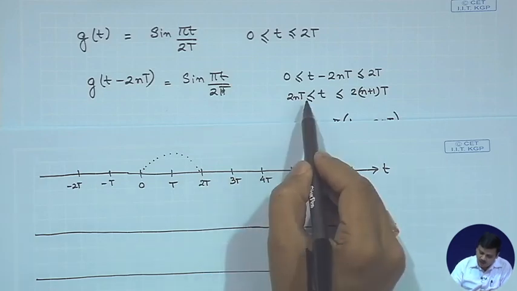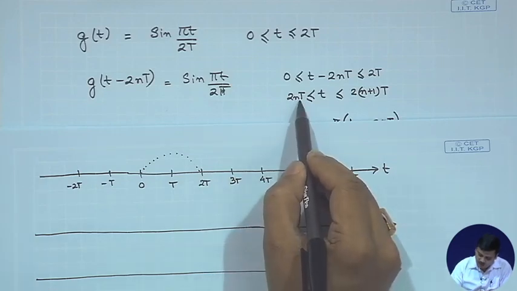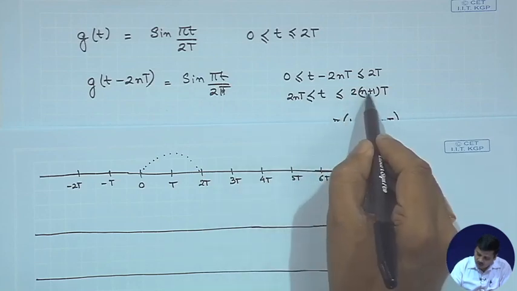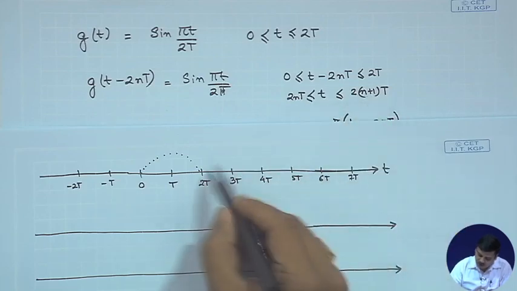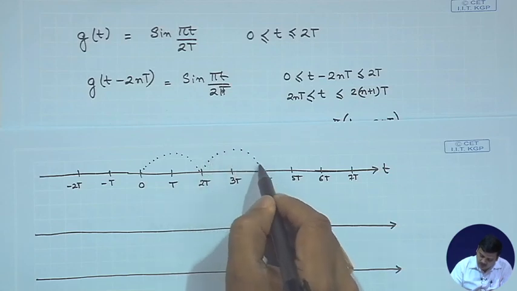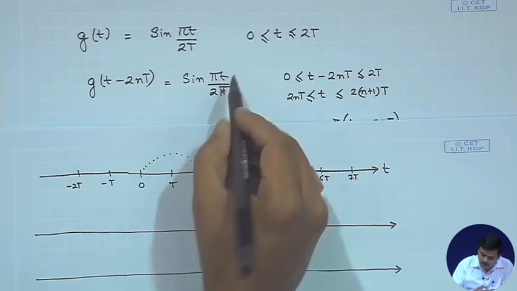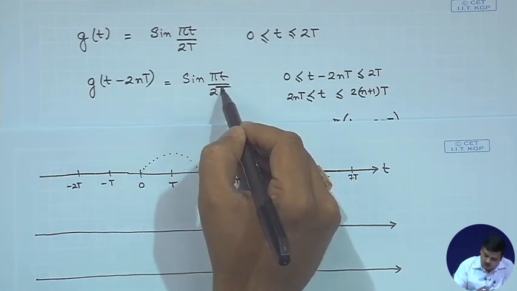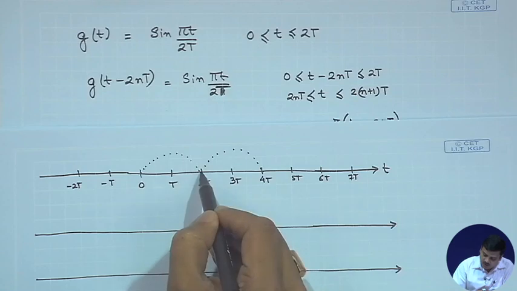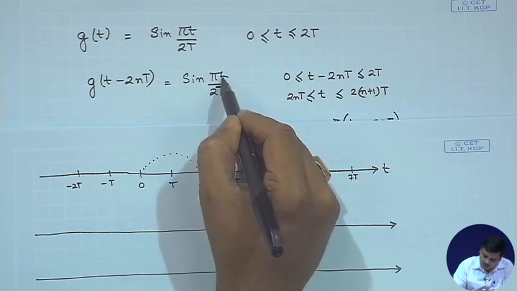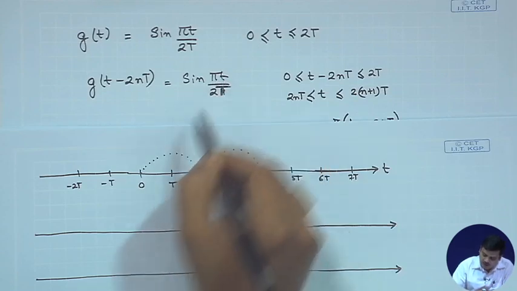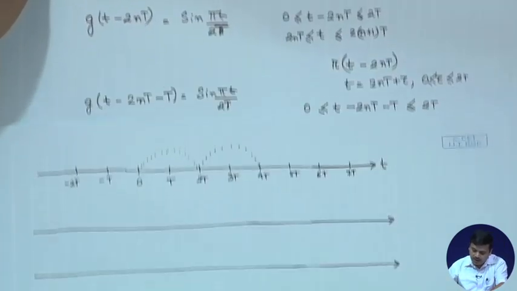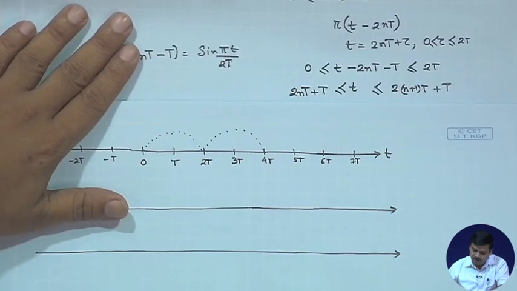If I put n equals 1, I get 2T to 4T, and from here to here I am going to get a sine of pi small t upon capital 2T. When small t equals 2T, you get sine of pi, which is 0 here again, and when small t equals capital T, you have sine of pi by 2, which is equal to 1, which is reflected here.